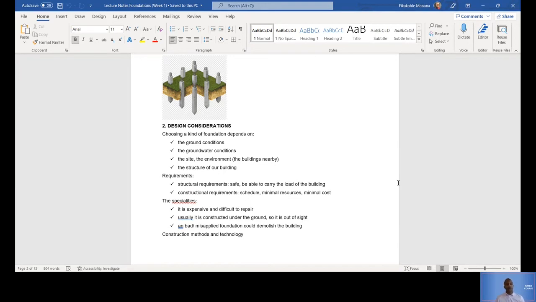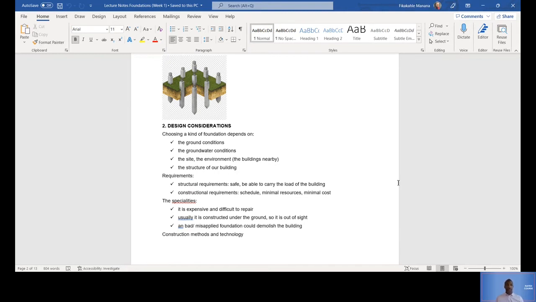Also, you need to consider the groundwater conditions, as in where the water table is in reference to the building and the foundation. So the water table is very important. That's what we mean when we talk about groundwater conditions. Also, is the site a wet site or a dry site?